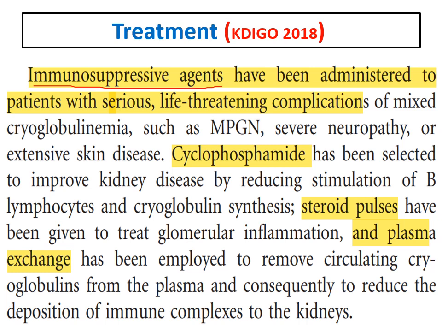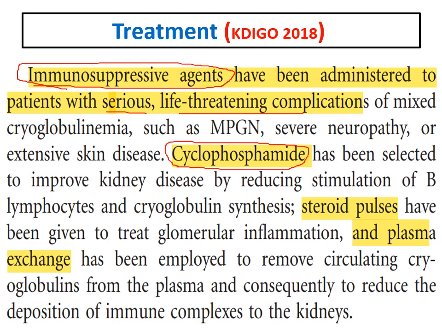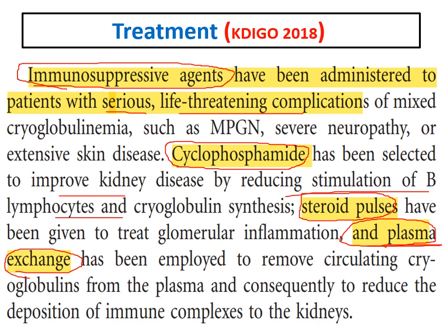Let's talk about the immunosuppressive agents that can be used. Immunosuppressive agents should be used with serious life-threatening complications of cryoglobulins. The most commonly used immunosuppressives include cyclophosphamide, steroids, and plasmapheresis has been used also. Cyclophosphamide has been used to improve the kidney by reducing stimulation of B lymphocytes and cryoglobulin synthesis.